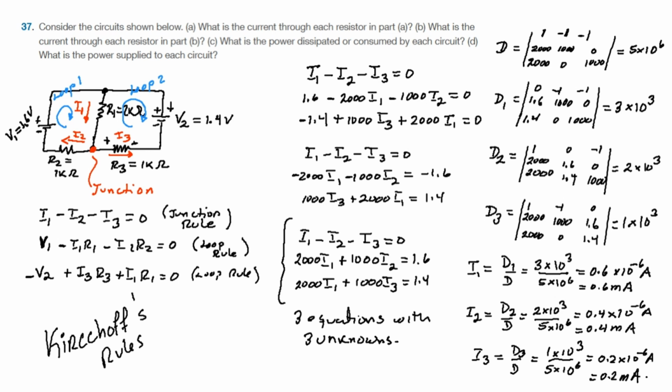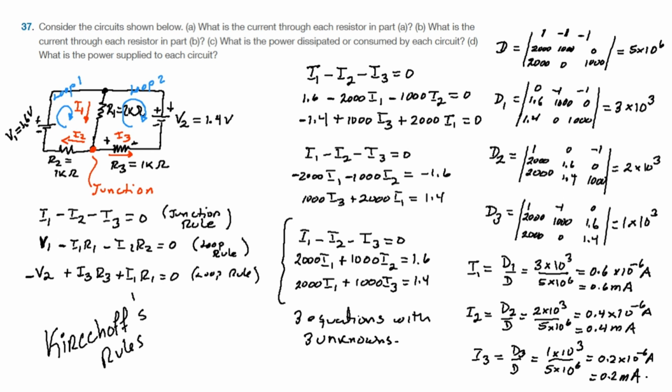So this is easier than doing it by substitution or by elimination. But yes, we can also do it by substitution and by elimination. When we have three equations with three unknowns, you can do it by substitution or elimination. It doesn't matter. It's going to work.